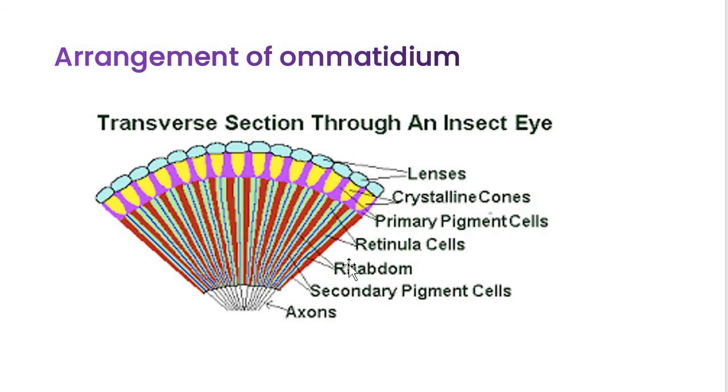Here you can see the retinula cells. The crystalline cone is followed by a long retina, which forms the basal part of an ommatidium.